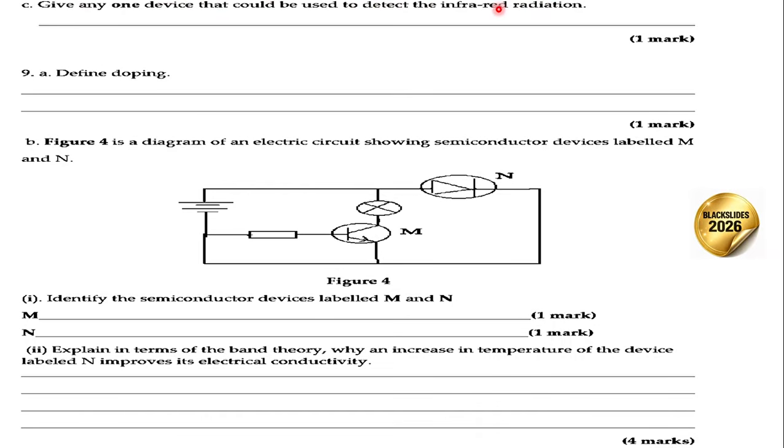This is heat, like the heat you get from the sun, the heat you get from hot objects such as glowing metal, which is getting hot. It's called infrared. So what device can be used to detect infrared? Infrared can be detected by using a thermocouple, an infrared camera, a thermometer with a blackened bulb, and photocells.